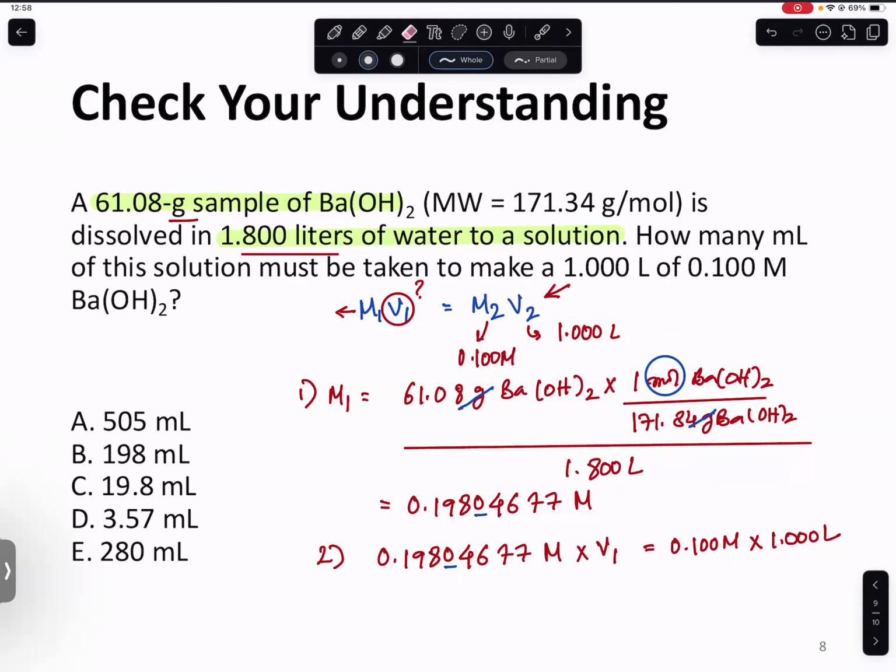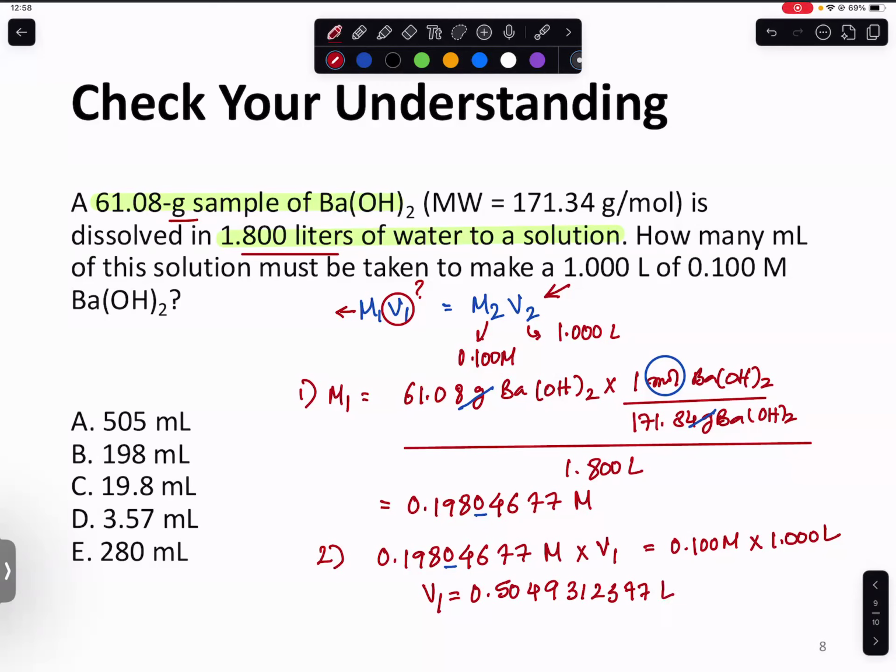I just like to check my calculations, times 1 divided by the 0.19804677, and this should give me V1 equals 0.5049312377. Okay, and we're sticking still with the 3 sig figs.